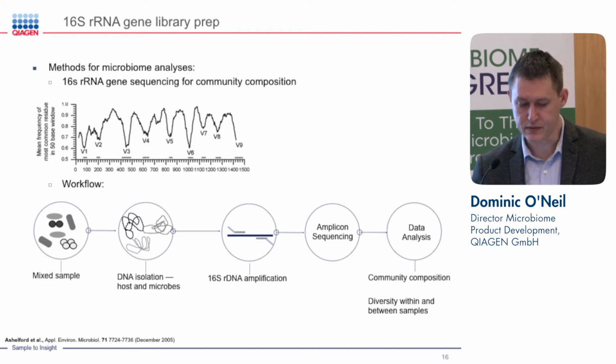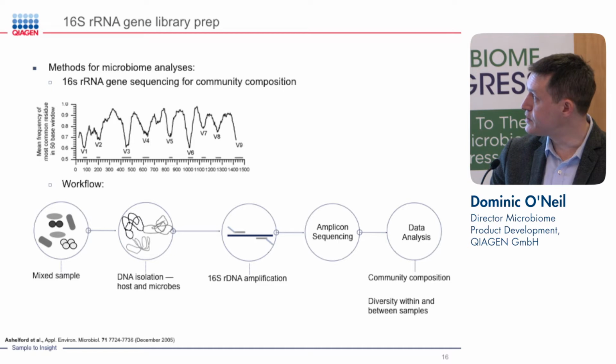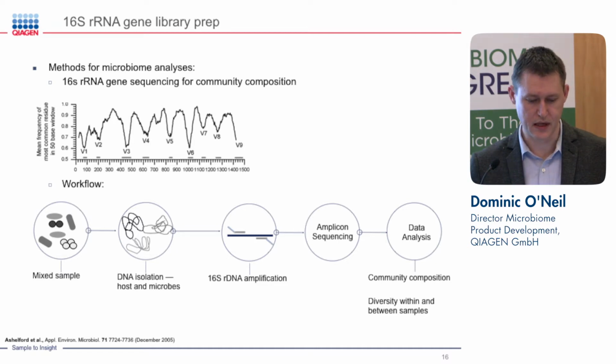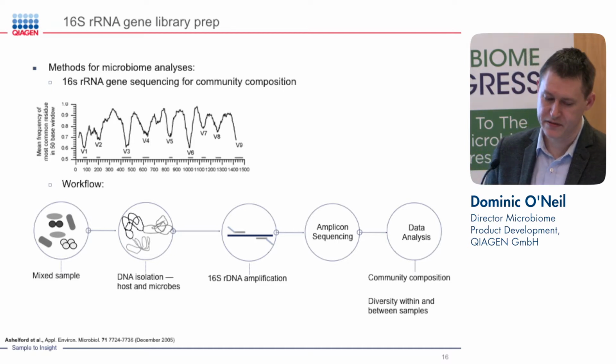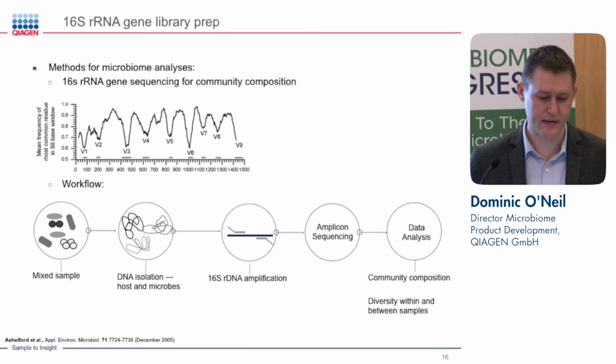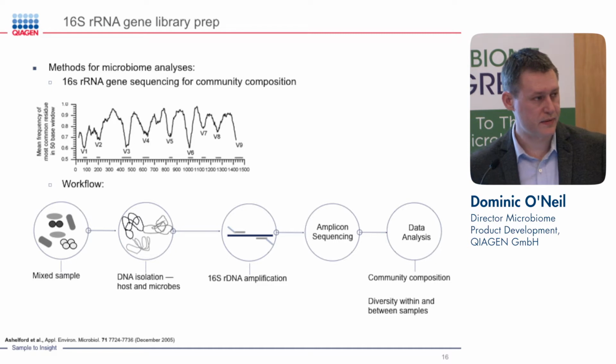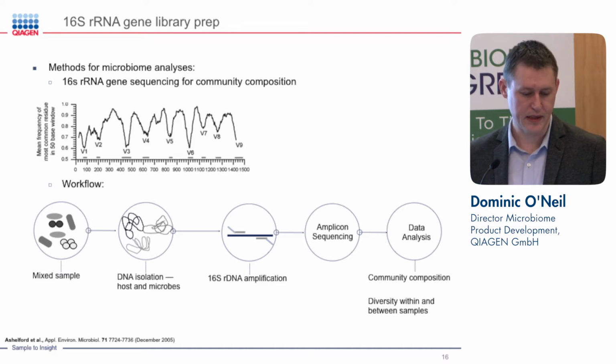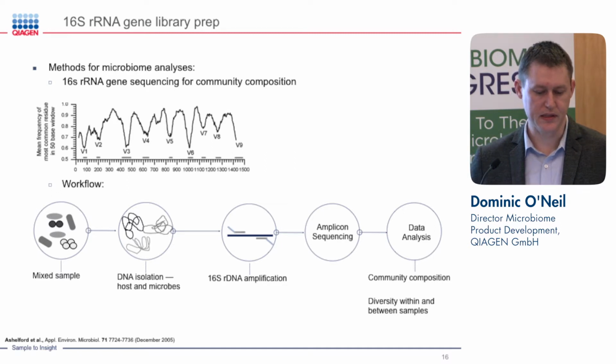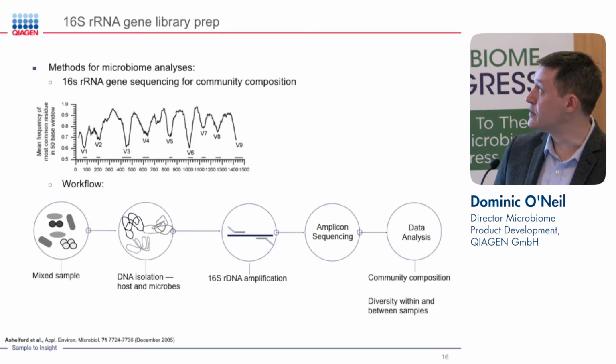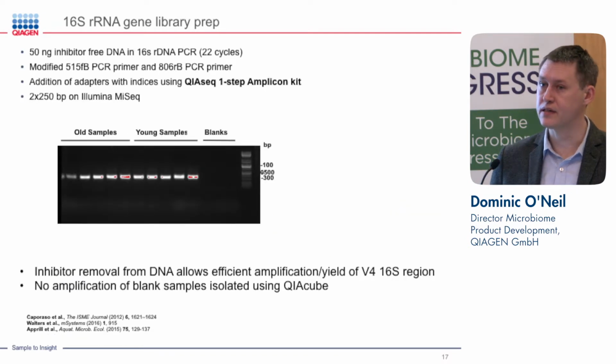For this experiment, we took the V3 and V4 regions. It's relatively commonly used. We used the established 515F and 806 reverse primers from the Earth Microbiome Project for this. We took 50 nanograms of DNA into our PCR, ran 22 cycles. And after the PCR amplification, the adapters and indexes were added using the QIAseq one-step amplicon kit.